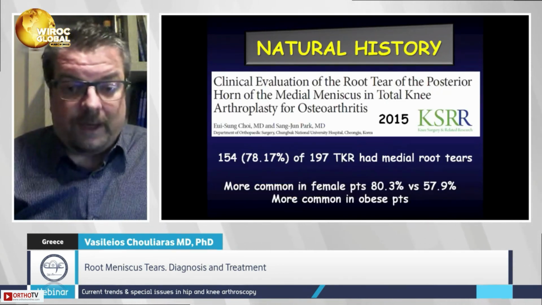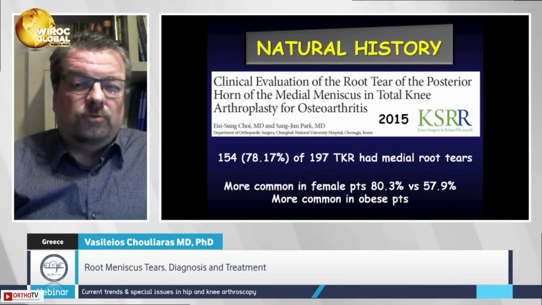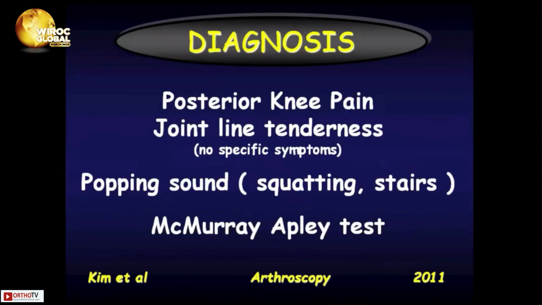And lastly, in Korea, they found in 200 patients with total knee replacement that almost 80% of these patients had a medial root tear. It was very common in female patients and in obese patients.